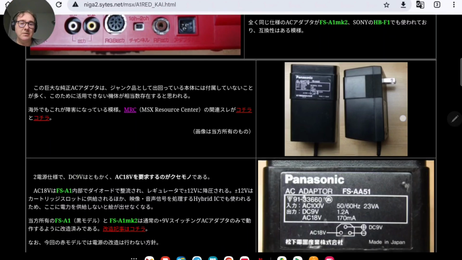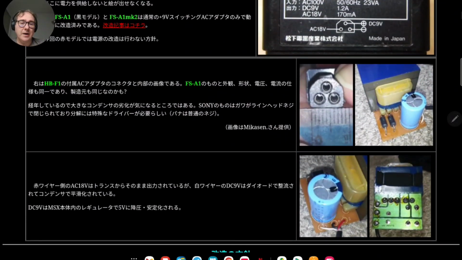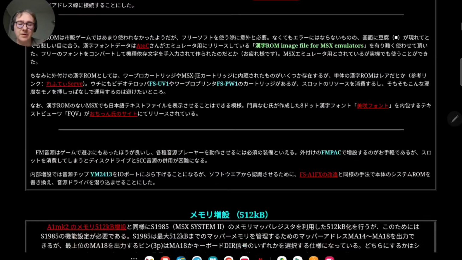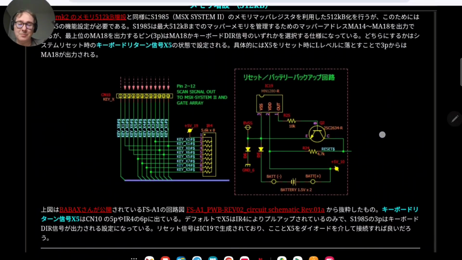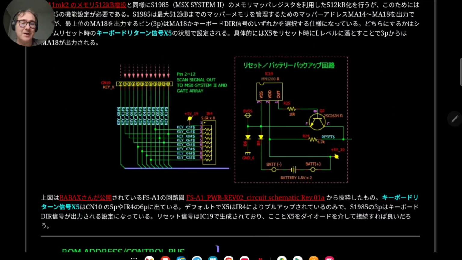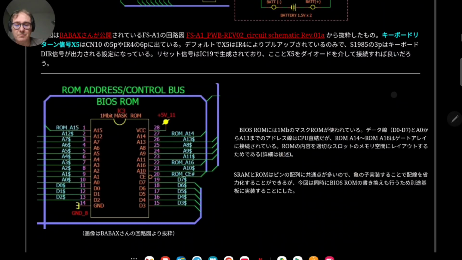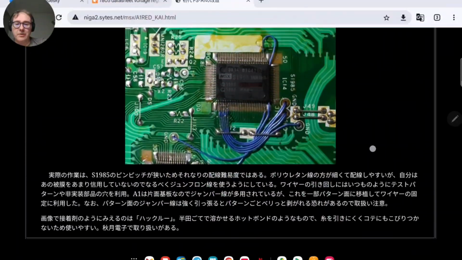As you can see here, there's things about the power connector. Here we can see the weird connector I was telling you about the other day. And what else do we have? Many other things. Well, it's in Japanese, so either you know how to read Japanese or you translate it. This part here is something that I will tell you about later. This is to generate the 5 volts, and many other things.